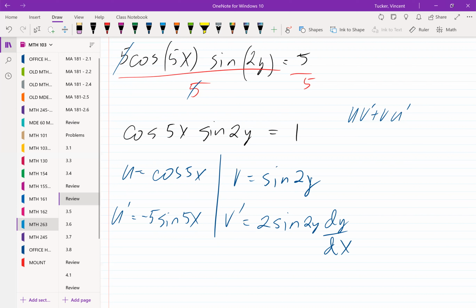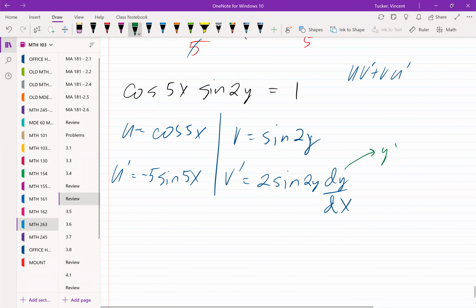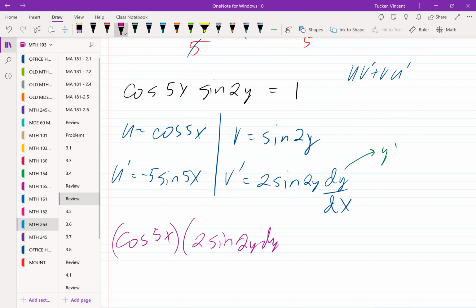The variable we're looking at is y, and we're taking it with respect to x, so that dy dx is still going to be there somewhere. And if you don't use dy dx, then you use y prime to represent dy dx. So use cosine 5x times v prime, which is 2 sine 2y dy dx.